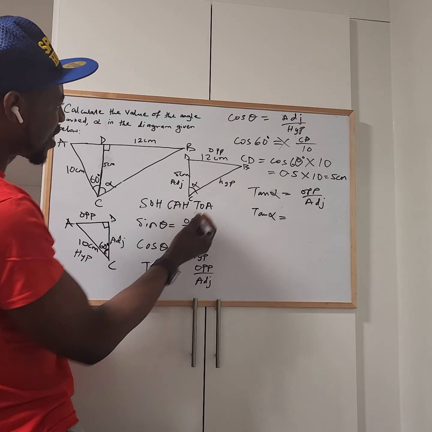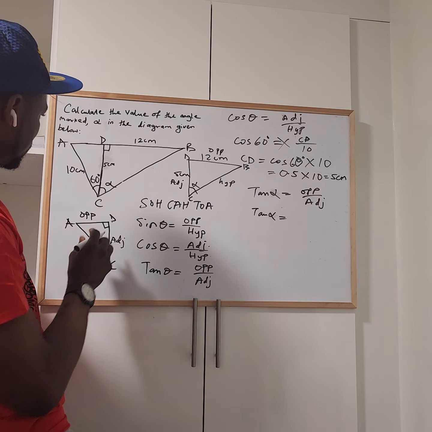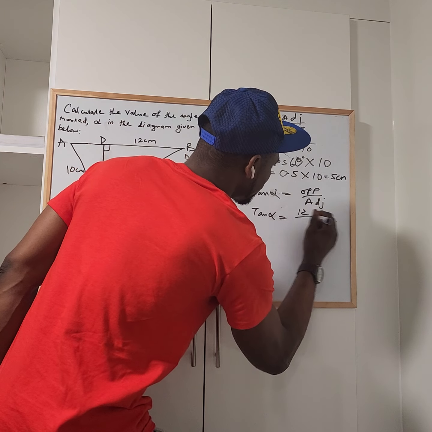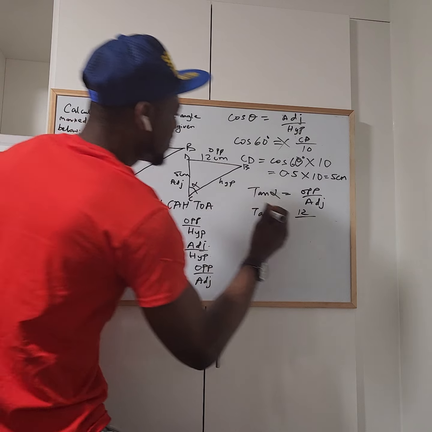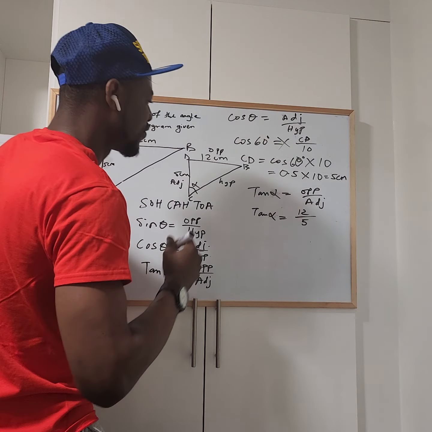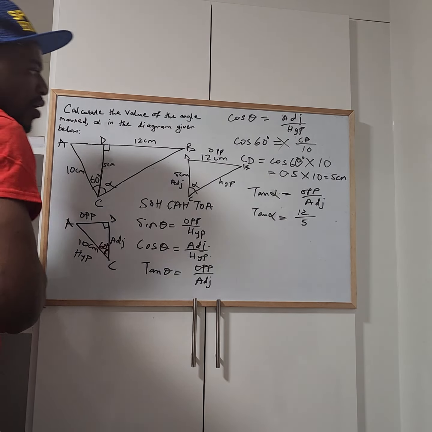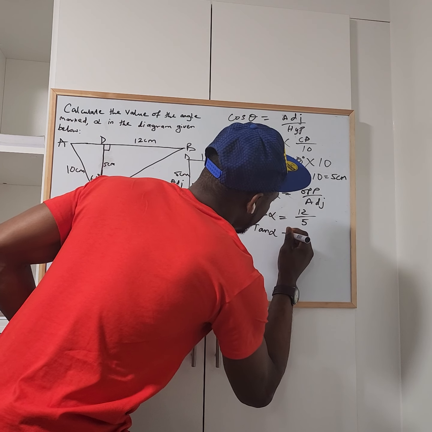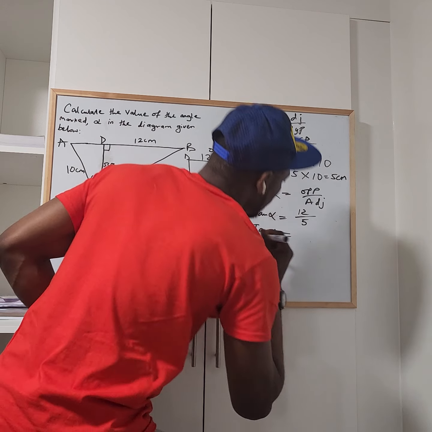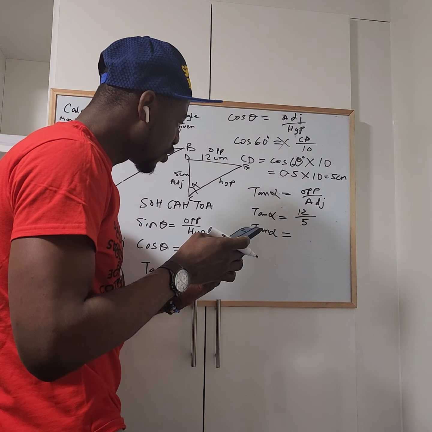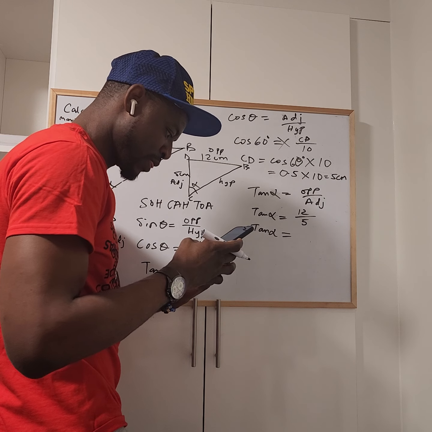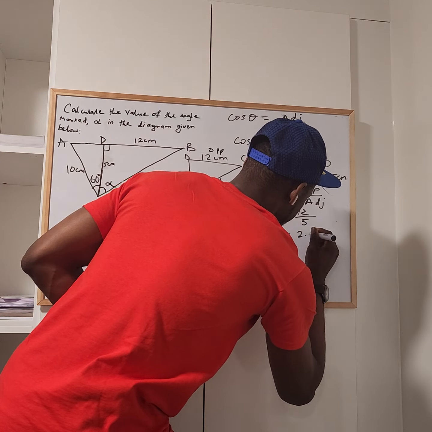From the given diagram, the opposite is what is facing the angle we are looking for: 12. That's the opposite. And then the adjacent is 5. Watch me. Tan alpha equals 12 all over 5. This will give us 2.4.